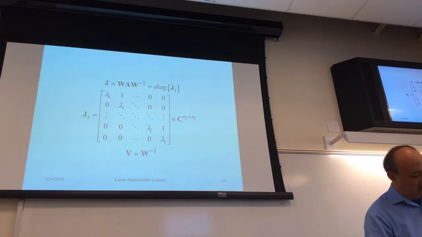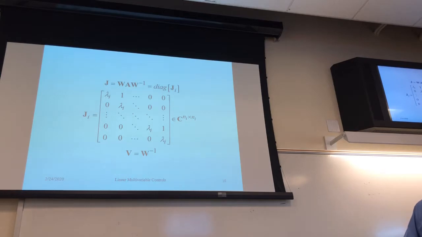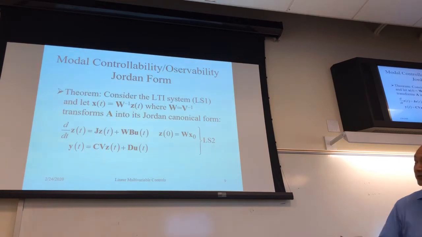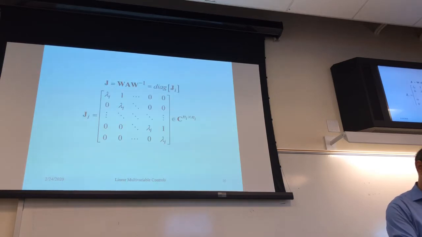So then the left eigenvector matrix, W, is the inverse of V. So you can introduce that. It's the same idea. You have WB and CV. But in this case, how are you going to check controllability and observability?